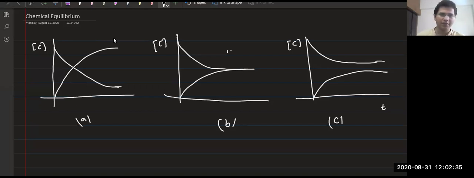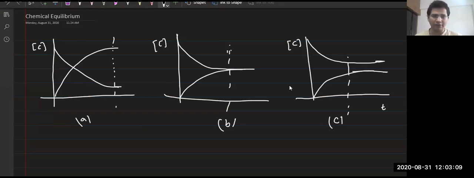Just think about this. I can see that at this point the rate is equal. After this point, the rate of reaction of both A and B is equal, so obviously they will be in equilibrium. Now, what is the difference between these three reactions?